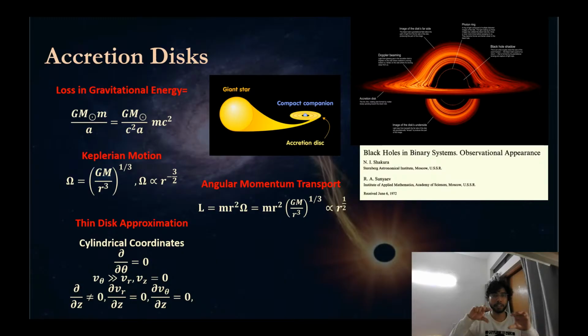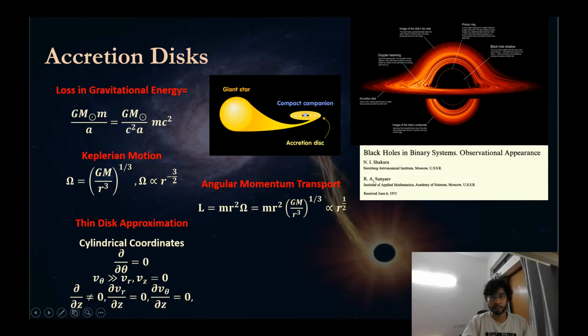So you can assume this is a torus kind of shape, and the matter is rotating in a Keplerian flow in that torus. Those are all the assumptions, and we'll solve these equations with them next week, and see how the solution comes out and how it is different from the Bondi flow.